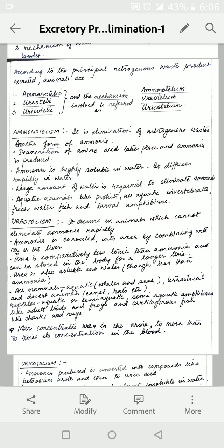Urea is also soluble in water, but less than ammonia. So it can be eliminated when sufficient water is available, as in aquatic animals, or it needs to be concentrated in the urine, as in most of the terrestrial animals.